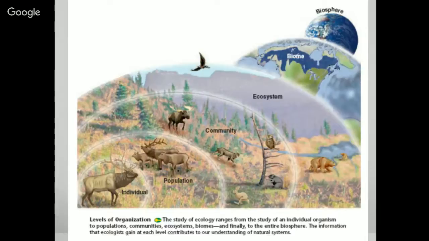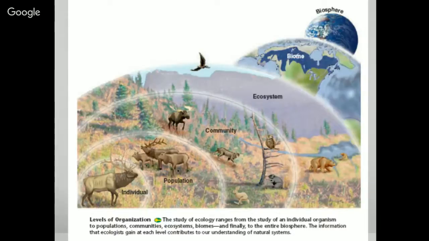Well, in ecology, it's similar, but a little bit different. We have the individual, which you can see here, just one little deer. And then we have populations. Populations are groups of the same type of organism, the same species, that all live in one area. A community is all of the organisms that live together in one area, all the different species.